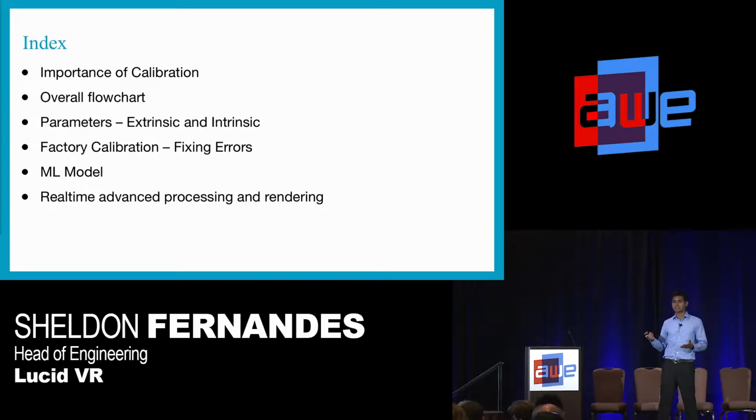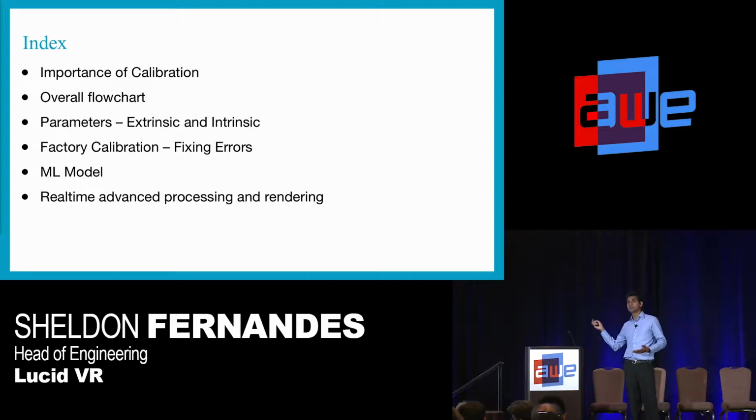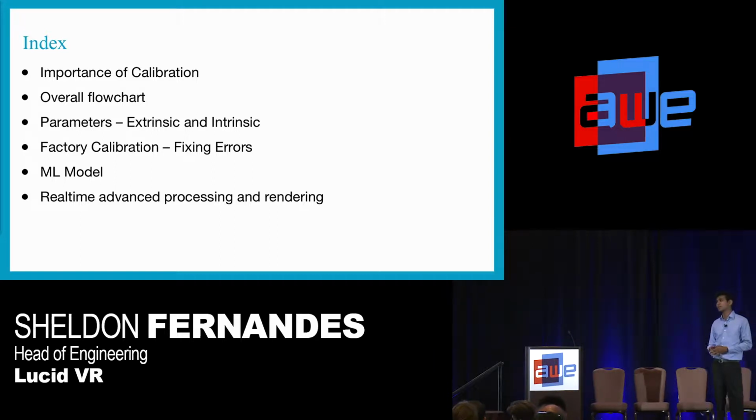We'll look at some math, the parameters that make calibration do what it does. And we'll look at how we get this data in a very controlled environment. That's factory calibration. We'll also look at calibration in the real world, as to how we can make small tweaks to calibration just in case it goes bad. And finally, we'll end with how this data is so valuable now that it can be used for more critical tasks in the real world.